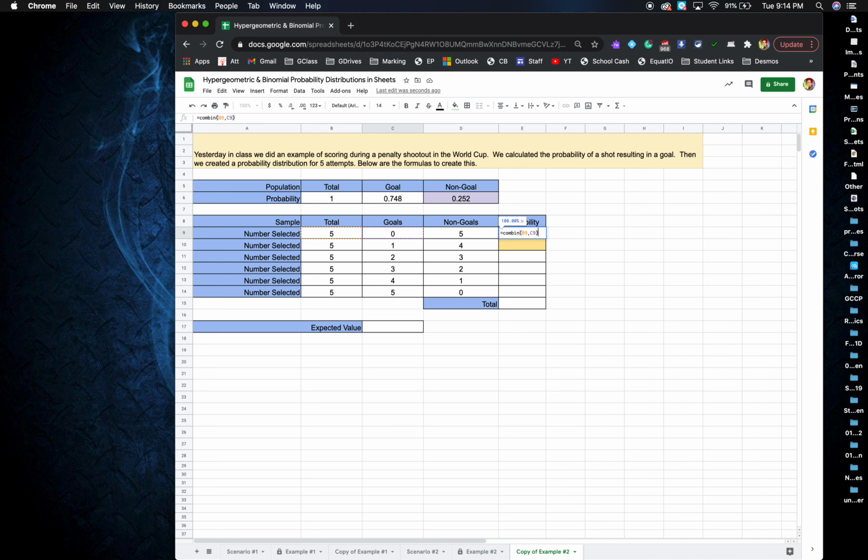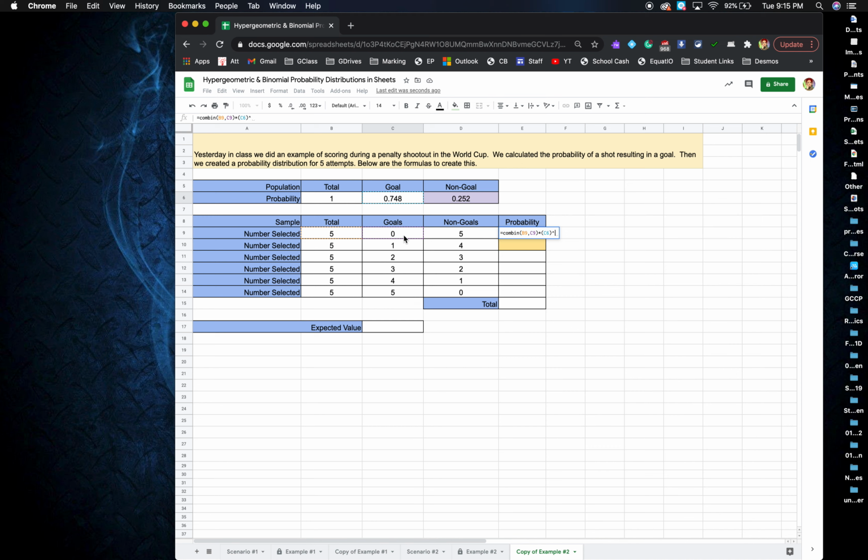Okay, then times, I just use the asterisk above the 8. And then it's probability of success, which in this case is probability of getting a goal, to the power of. To do that, I just pressed Shift and 6, and it's the little uppy arrow, fancy named caret.